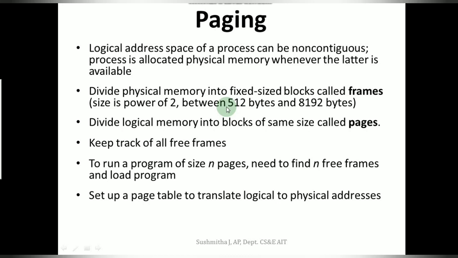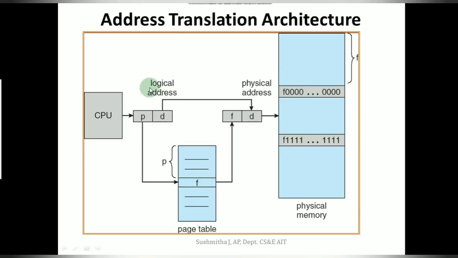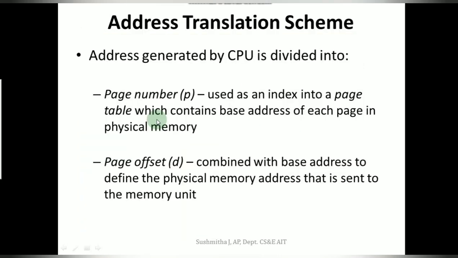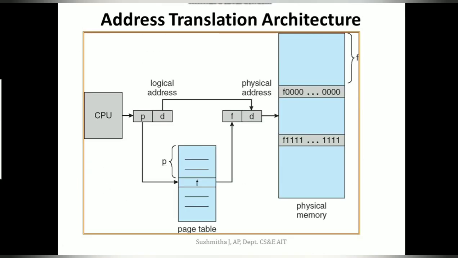Now let us see what the hardware support is. The CPU generates the logical address that is divided into two parts, the page number and the page offset. That is what was determined in this particular slide. So what is a page number?